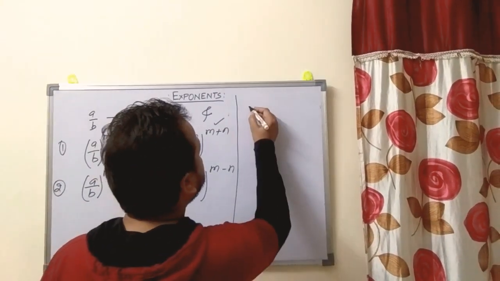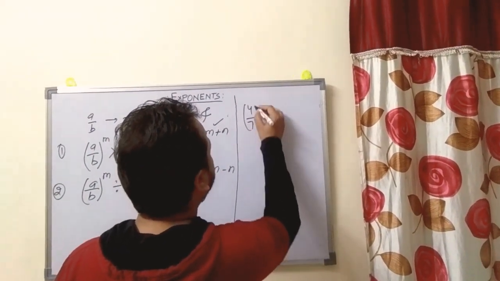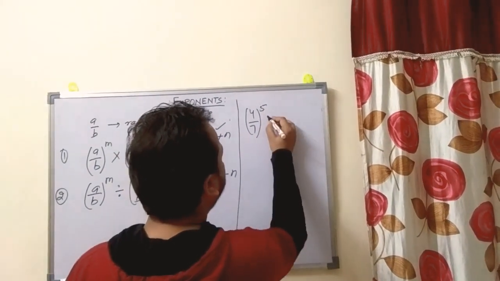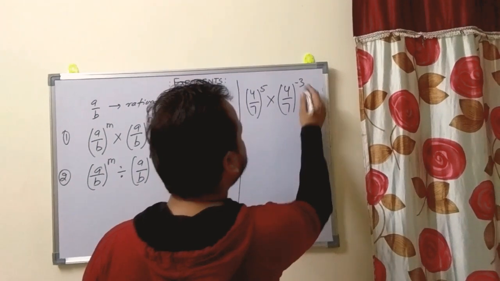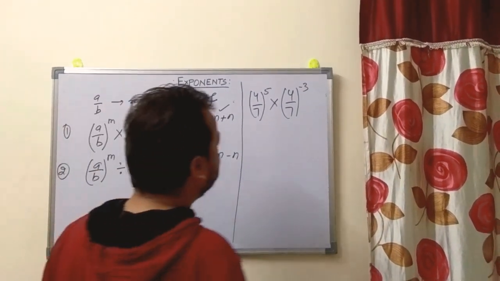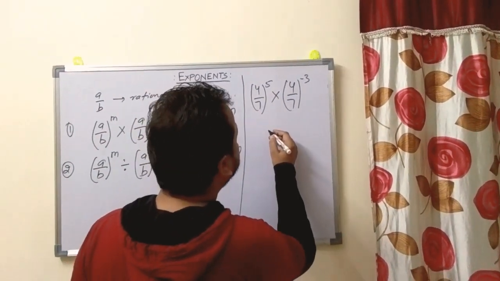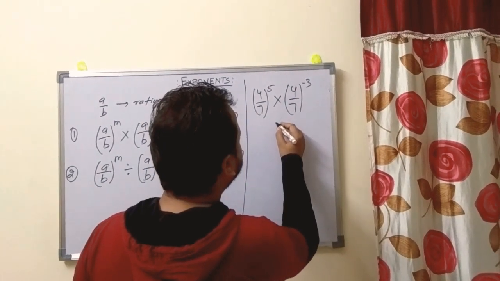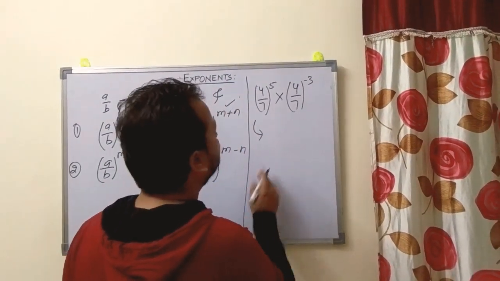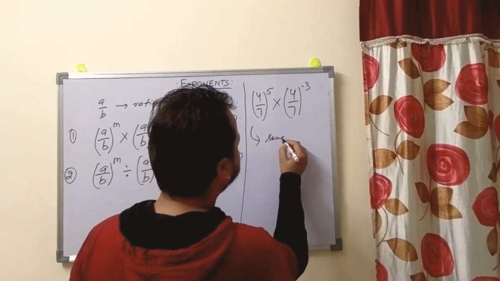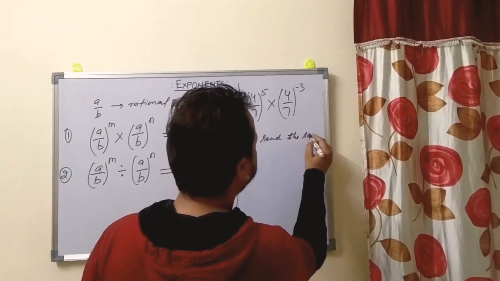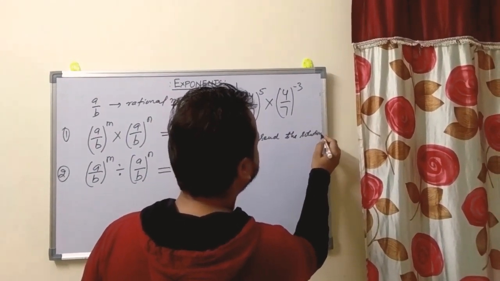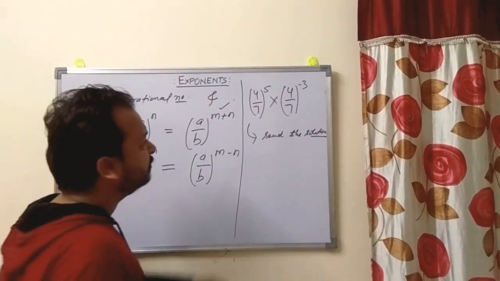Suppose it is written as (4 by 7) power 5 multiplied by (4 by 7) power minus 3, right? So you can send me the solution, right?